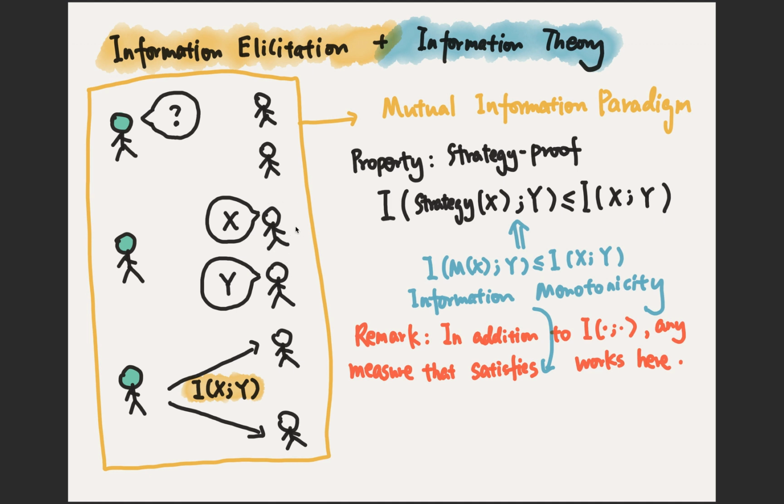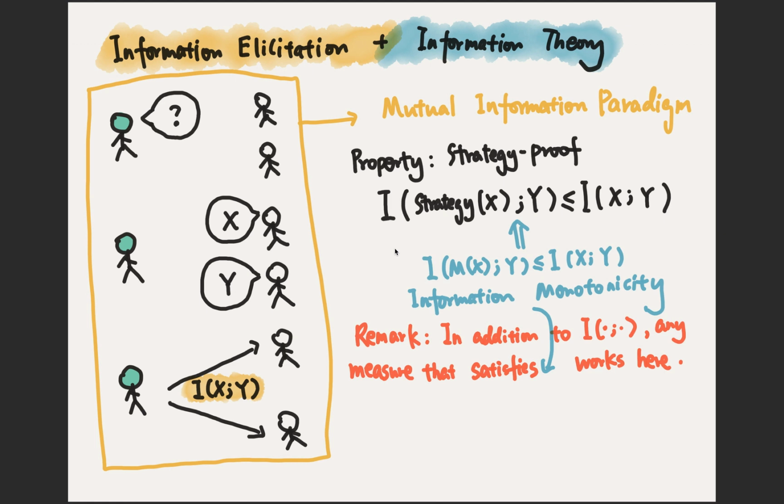Alice reports her information X, and Bob reports his information Y, and wishfully the requester can magically compute the mutual information between X and Y and use this as a payment.